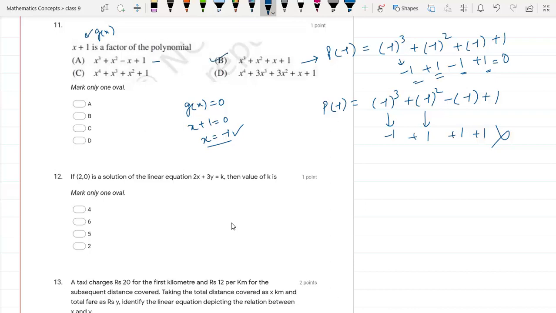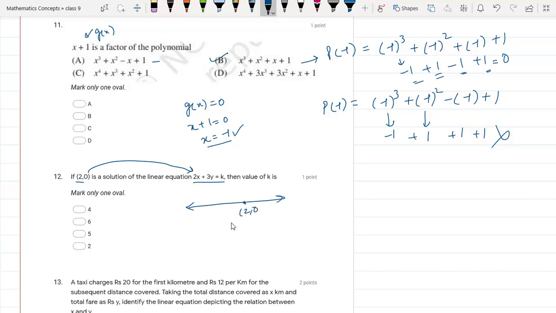Now question number 12. If 2, 0 is a solution of the linear equation 2x plus 3y equal to k. We all know if this point is a solution of this equation, this means this point is lying on this line only. Whatever the line is, this point 2, 0 is lying somewhere on this line.